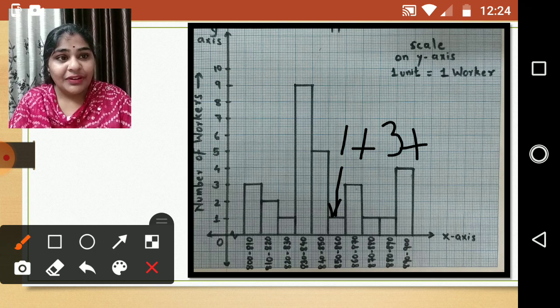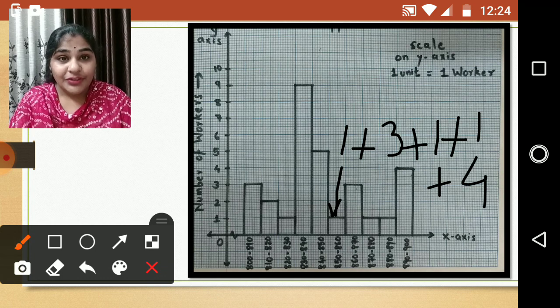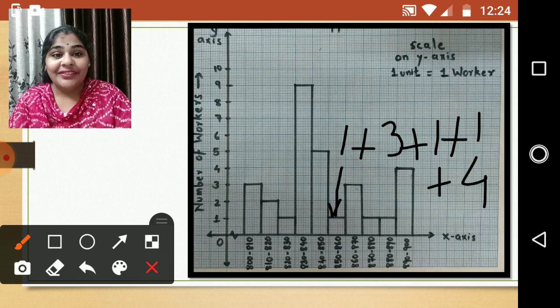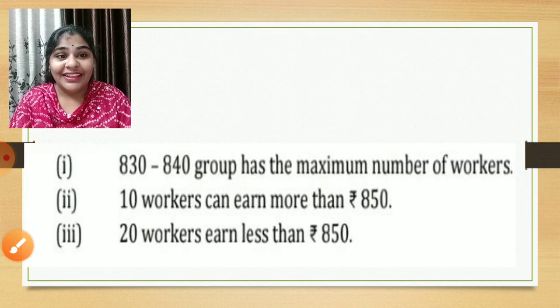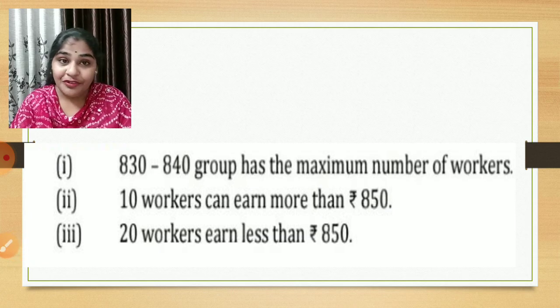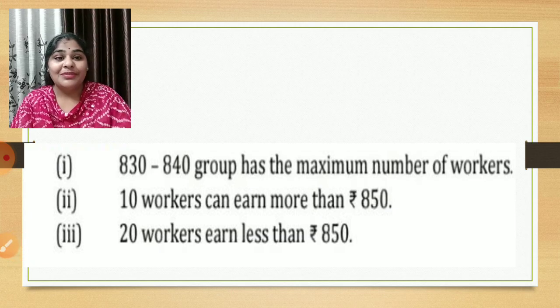Next is showing plus 1 worker, plus 1 worker, plus 4 workers. So let us add: 4 plus 1, 5, 5 plus 1, 6, 6 plus 1, 7, and 7 plus 3 is 10. So a total of 10 workers are earning rupees 850 and more. I hope this is clear.